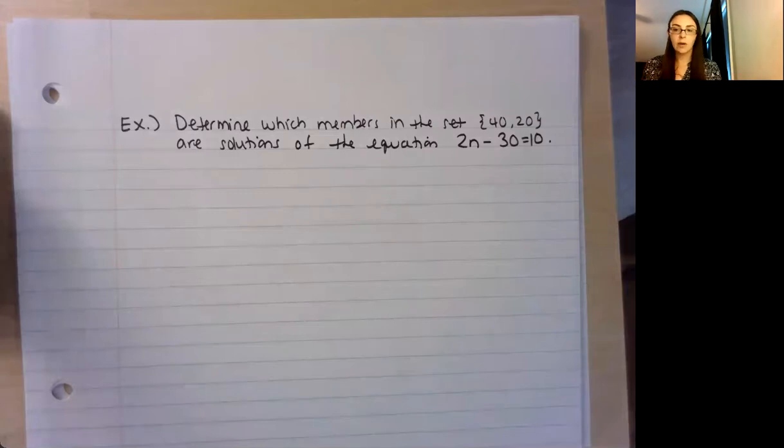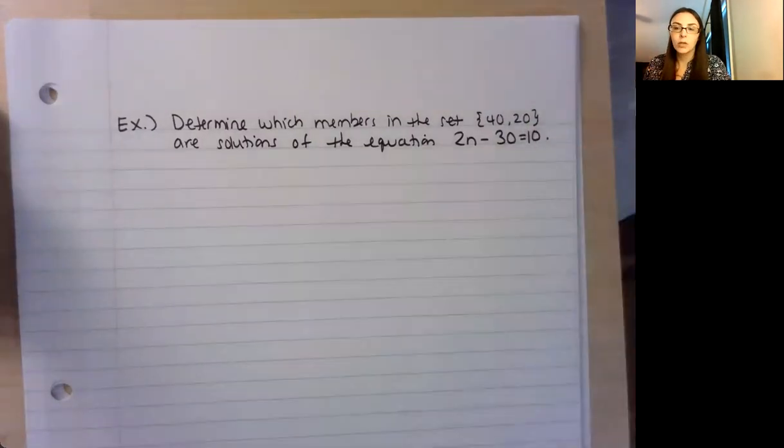Now here we're using n for our variable, which is totally fine. It doesn't matter what your variable is. And our set is just a group of numbers. So we're going to try both 40 and 20 and see if any of them work. Maybe they'll both work. Maybe only one will work. Maybe none will work. So we'll have to see what happens.